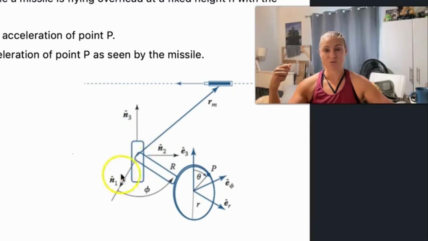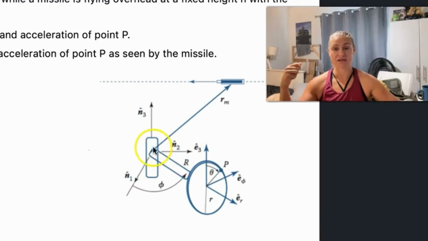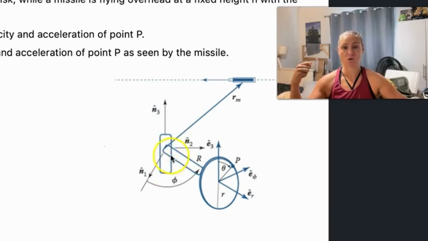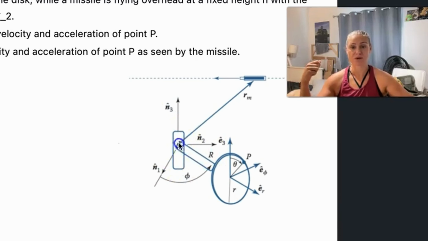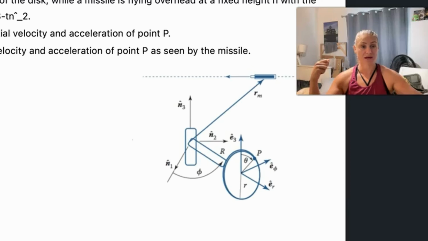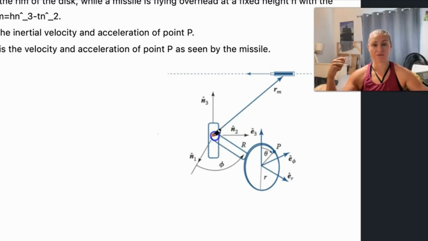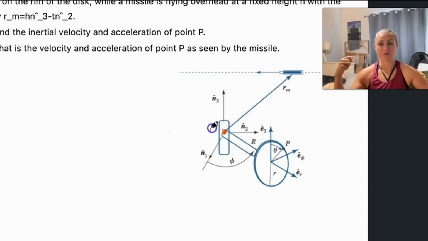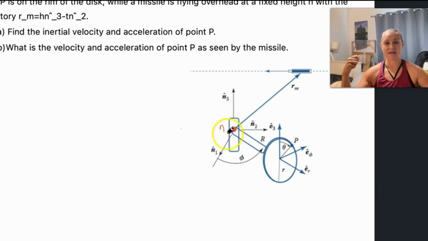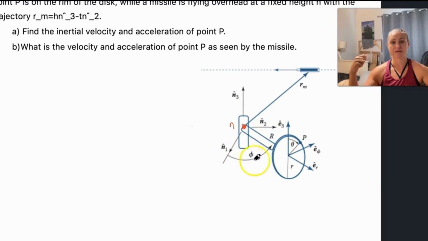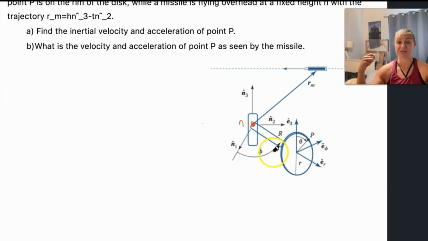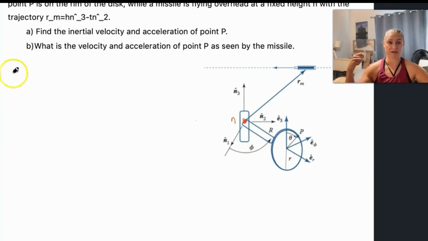Here we have N1, N2, and N3, and this pole here runs through the origin. Let's label that: we have our N frame and our N origin, and N is rotating at a rate of phi dot.